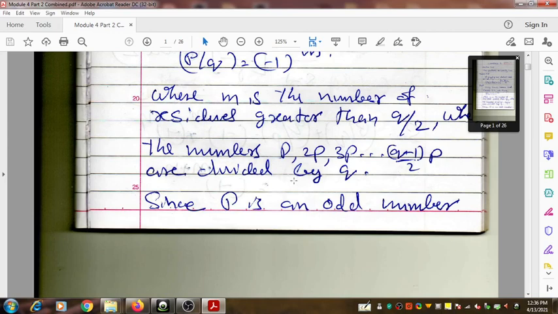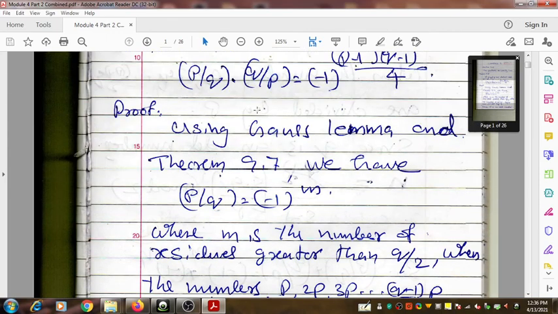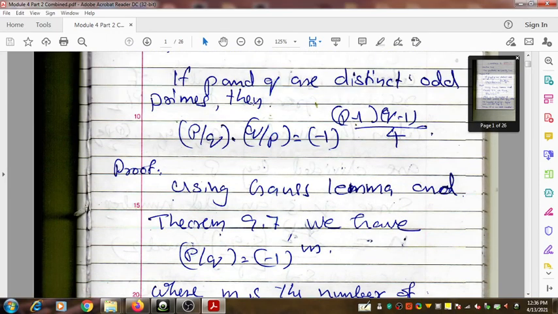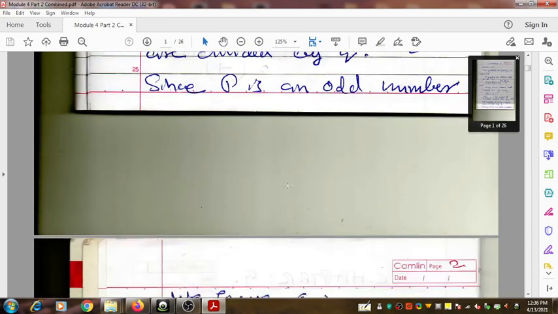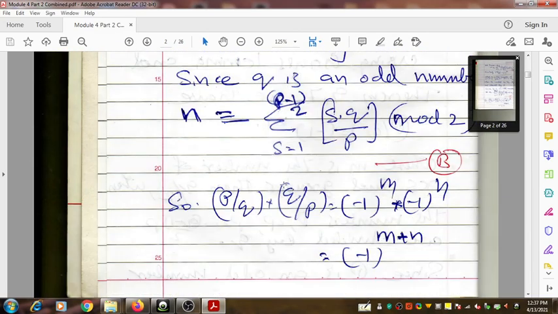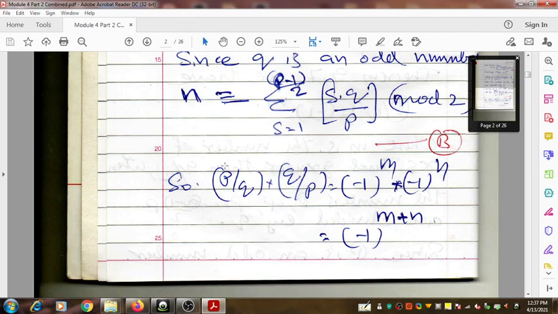We have shown here that since (p bar q) into (q bar p) equals minus 1 raised to m into minus 1 raised to n, it is equal to minus 1 raised to m plus n.